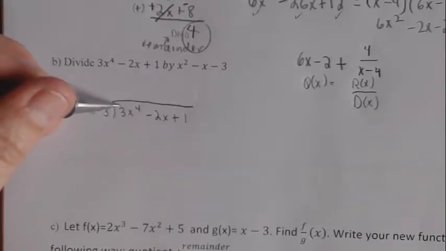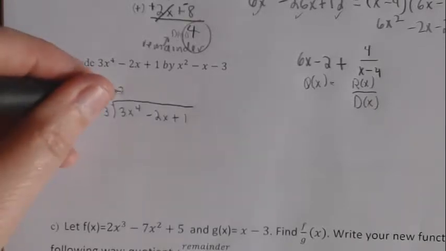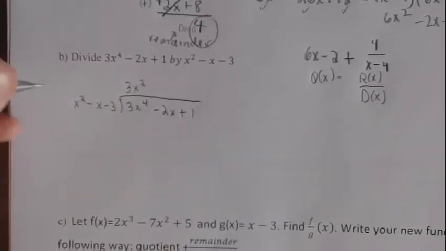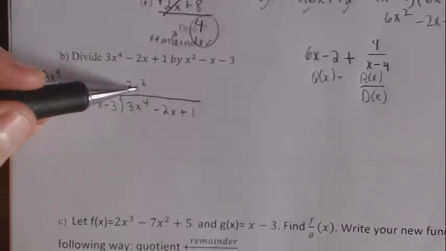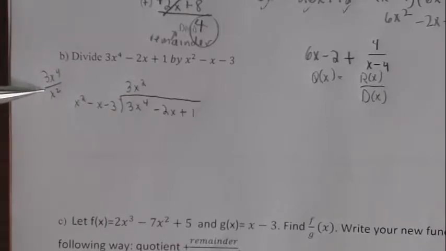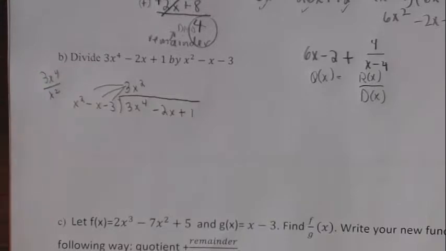Alright, so if you divide 3x to the fourth divided by x squared, you get 3x squared. Why? Because with 3x to the fourth divided by x squared, you subtract the exponents, and you're left with x squared. And now you're going to multiply this back out to these three terms.